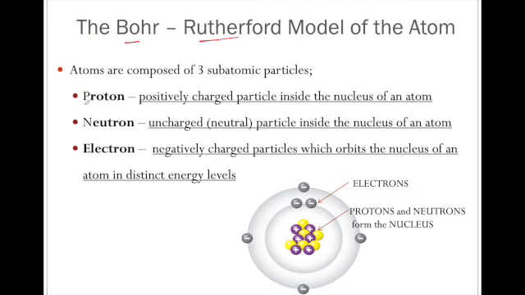Protons are positive. Remember that P for proton and P for positive, and N for neutron, which is also N for neutral. If you can remember those, then electron is the odd man out, but there's only one other charge, which is negative. Maybe a way to help you remember: protons and neutrons in the middle, electrons on the outside. Very important there.